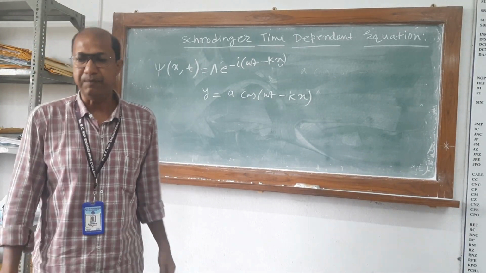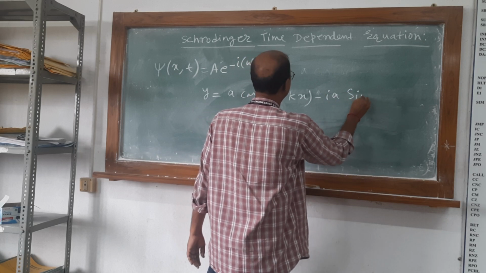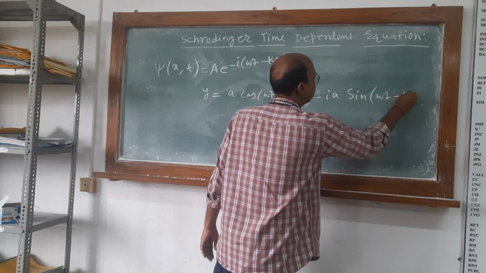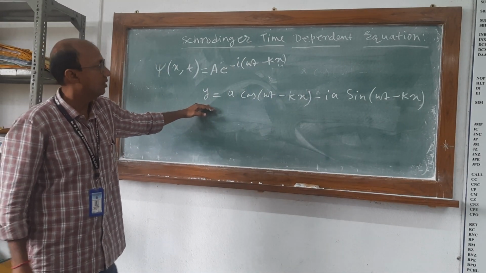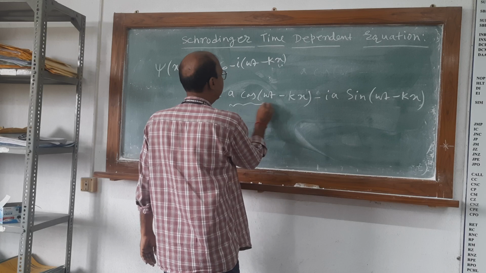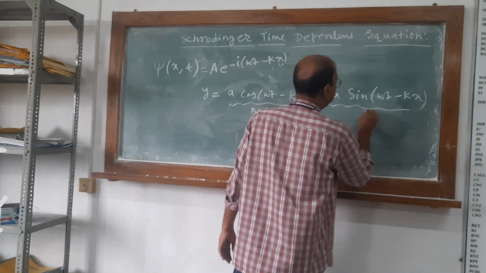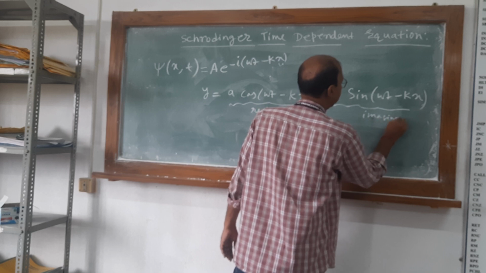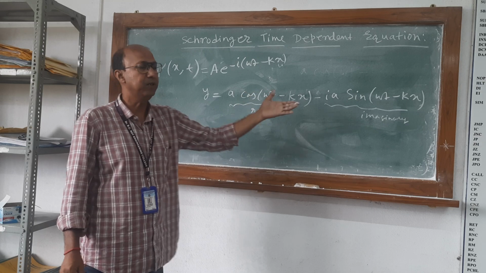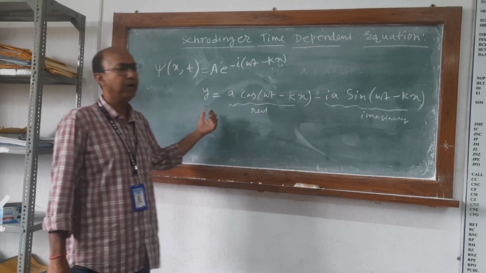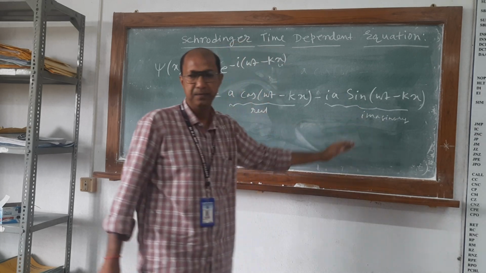We just subtract the imaginary part, minus i a sin(omega t minus kx), from this equation. We consider this the real part of the equation and this the imaginary part, which we subtract from this equation. There is no effect on the real part from subtracting this imaginary part.